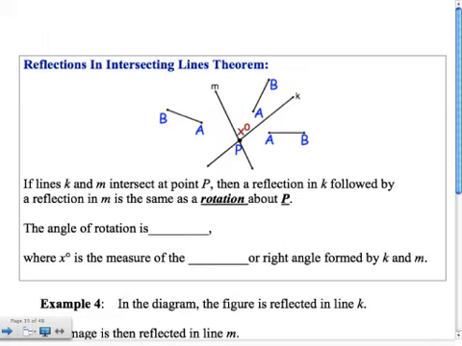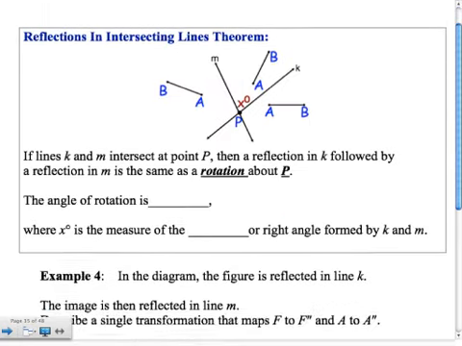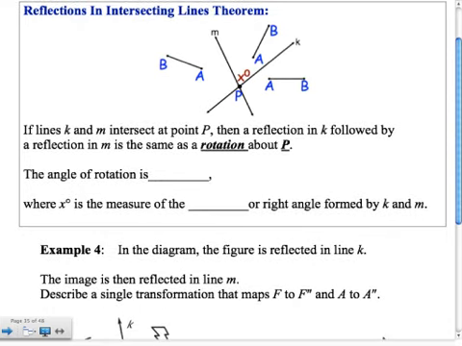All right, and then lastly, reflecting over intersecting lines. When you reflect over intersecting lines twice, it's the same as a rotation. When we look at this diagram, if I take AB and reflect it over the first line, I get A prime, B prime, and then I get A double prime, B double prime. Then what you do know is if this angle is x degrees, then the angle of rotation would be 2x degrees.